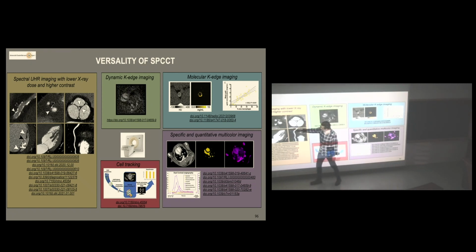You see here some current clinical applications, incremental, using lower X-ray dose and higher contrast. But it can also be used for disruptive, groundbreaking applications such as dynamic K-edge imaging, molecular K-edge imaging, and specific and quantitative multicolor imaging. It can also be used for cell tracking, and so on.